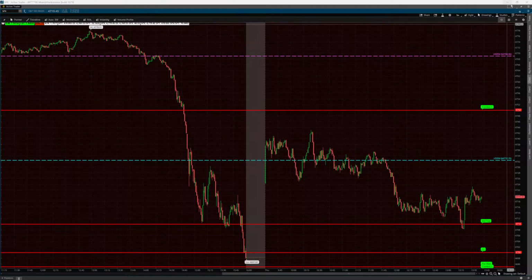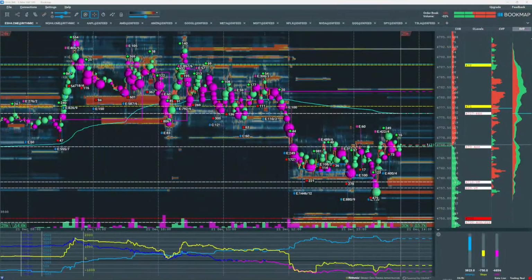All right, let's take a look at Bookmap now. On Bookmap, I have my own cloud notes, so I can show SPX levels. There's the SPX 4710 volatility trigger, and just below that, the SPY 469 volatility trigger, acting as support.